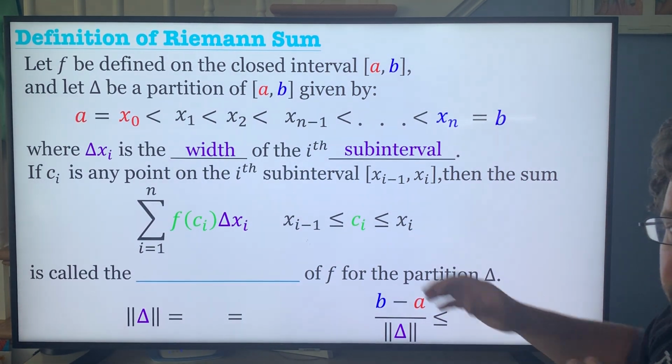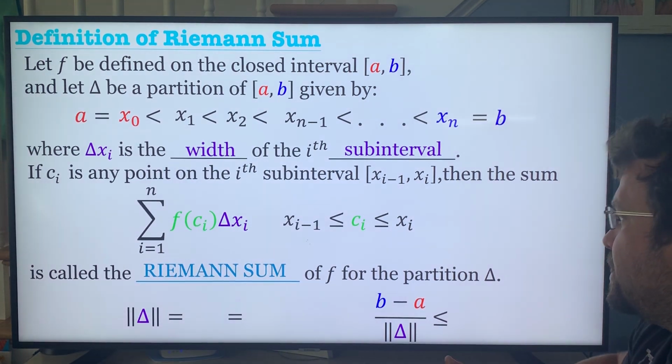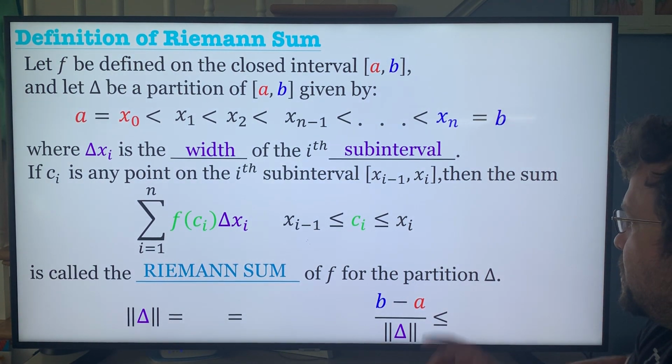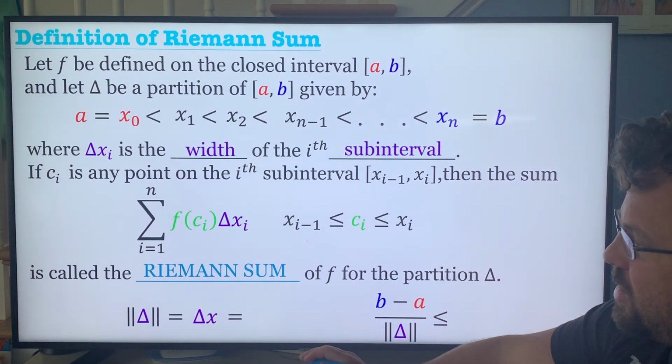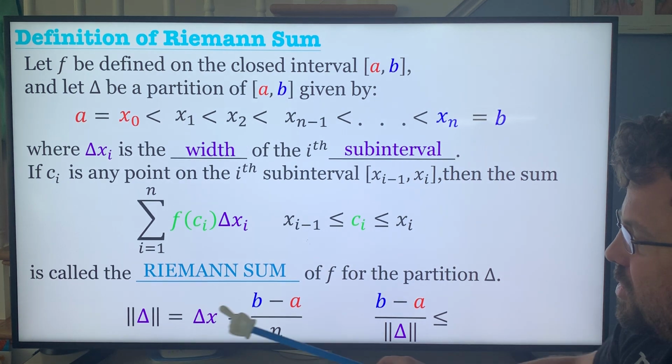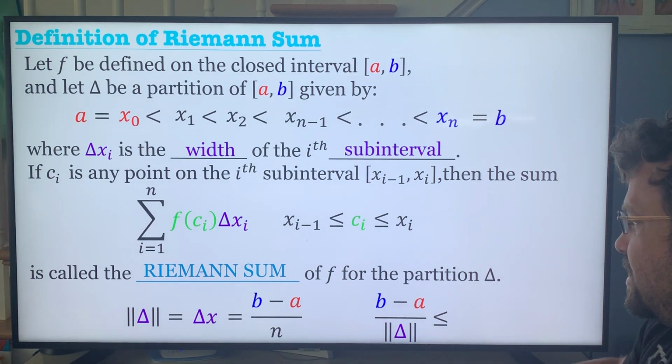So we're just taking a value between the two endpoints. That's called your Riemann sum of f for the partition delta. So in this case, delta x is going to be simplified to (b minus a) over n. So now we're just giving it a constant width.